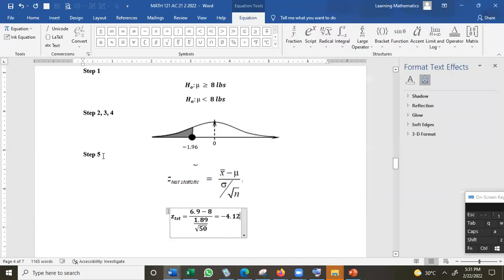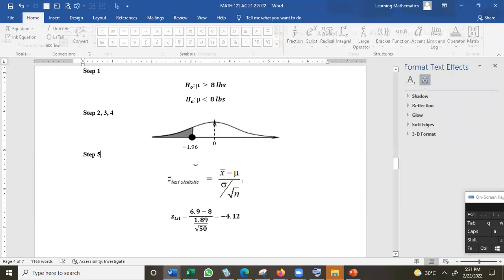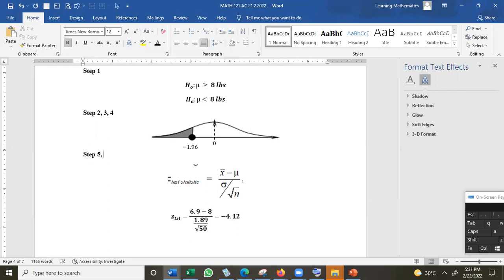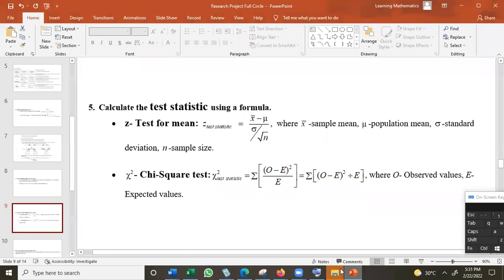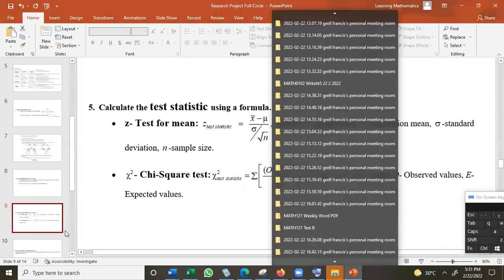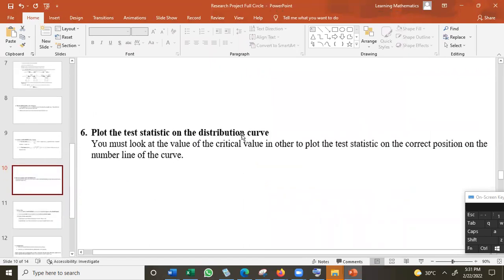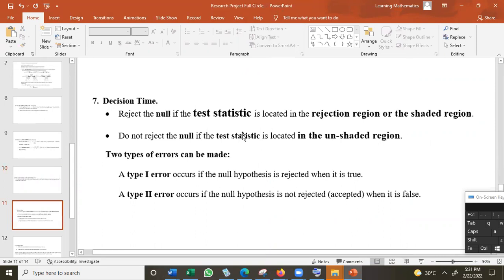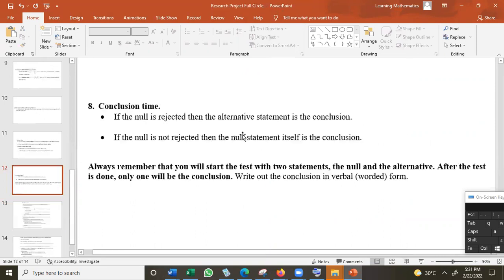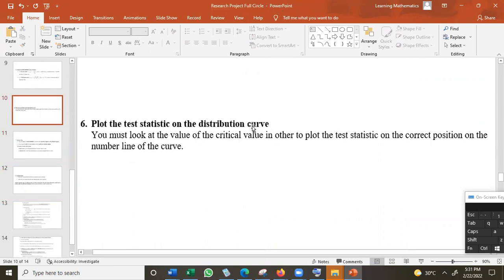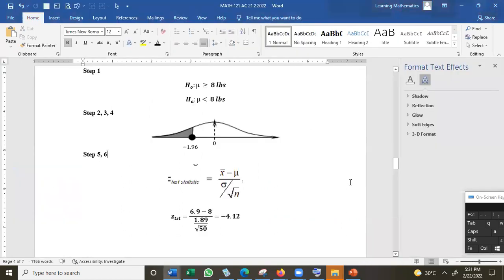And let's put step number 5 and 6, because step number 6 is to use that test statistic and plot it on the curve. Go back to the curve in order for you to be able to make a decision and then to conclude. So we have to go back to the curve. Remember, the critical value approach with that negative 4.12.